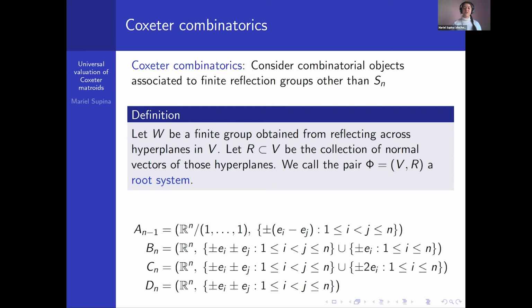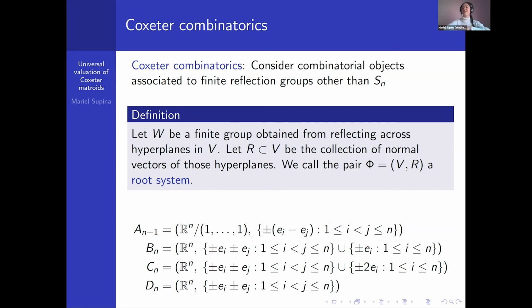If I just take some random hyperplanes, this is not in general going to be a finite group or a nice group, but there are certain special families of hyperplanes where this is a finite group, and these are the finite reflection groups that I want to work with. It turns out that there are a few infinite families of these, some of which I've listed on the slide here.